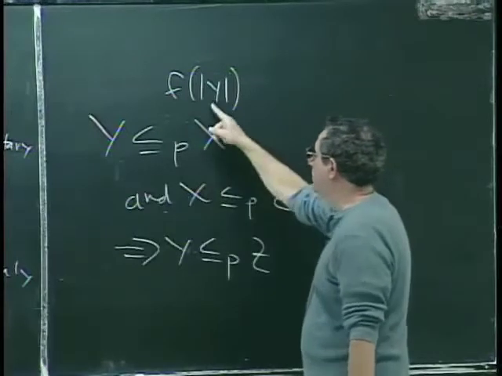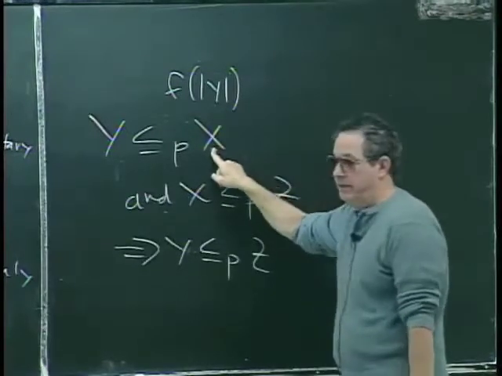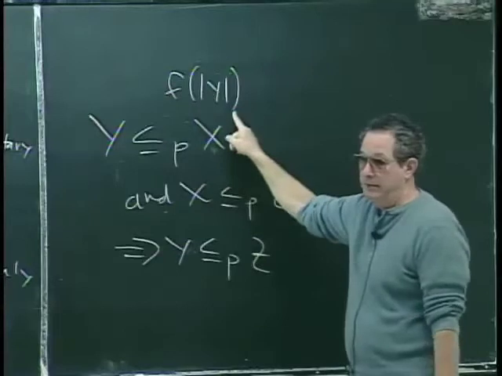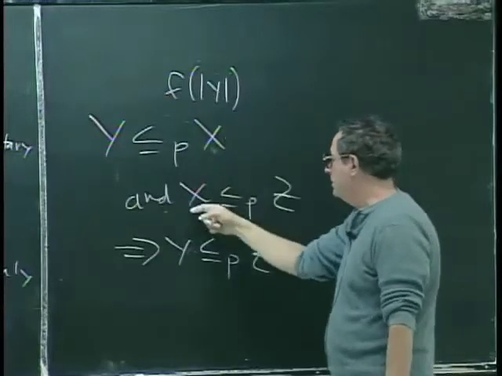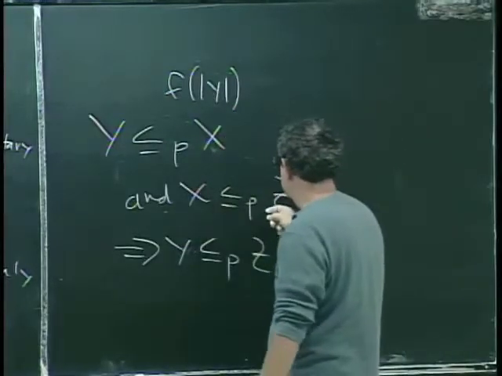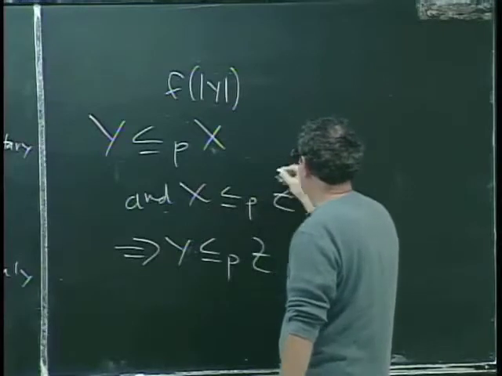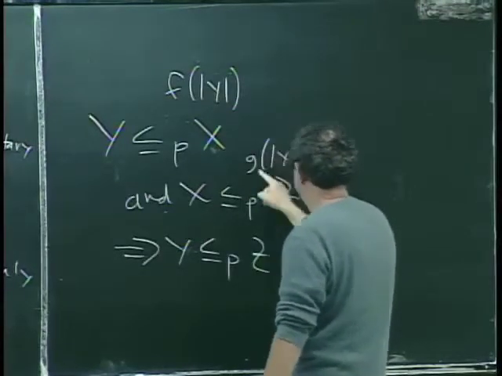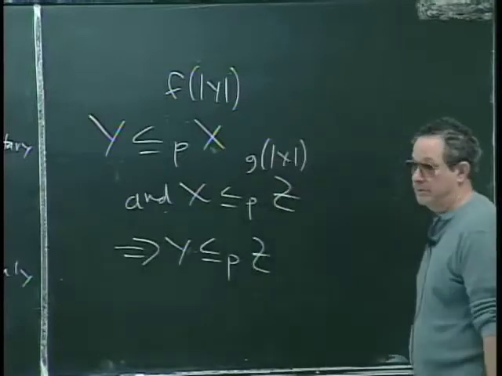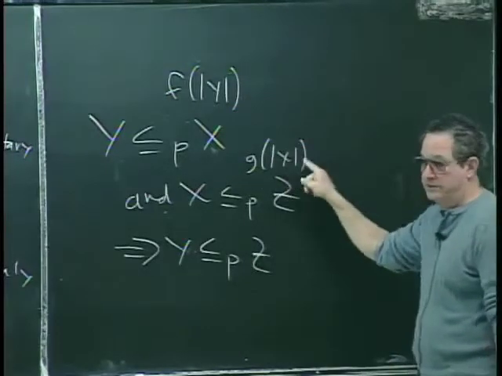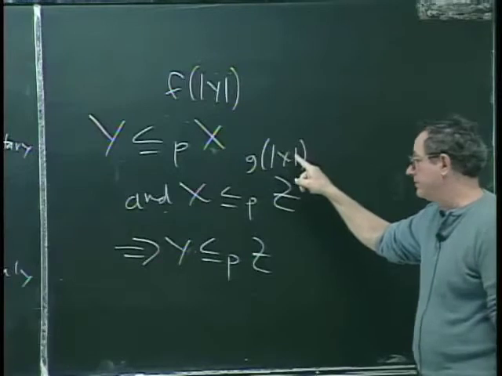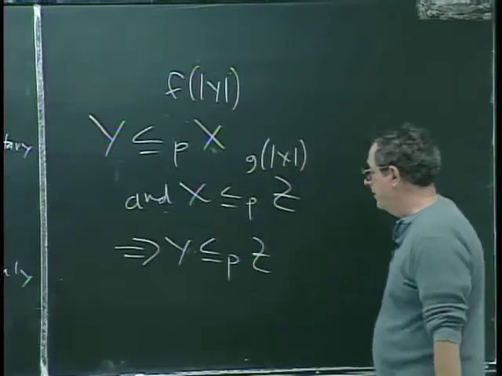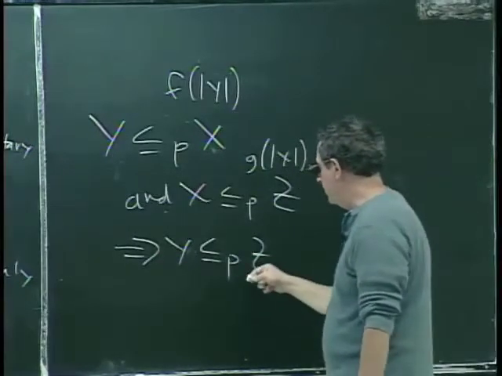And therefore, the size of the instance that's created, x, is bounded by that. And then the input of size x reduces to z, and maybe that's by a polynomial function g as a function of the input size x. Therefore, y reduces in polynomial time to z.